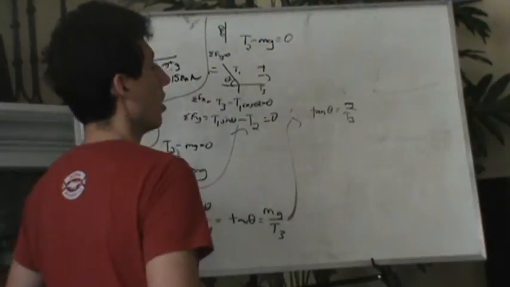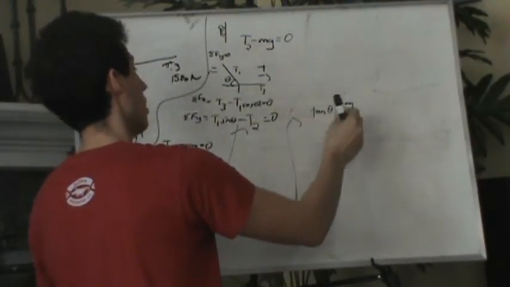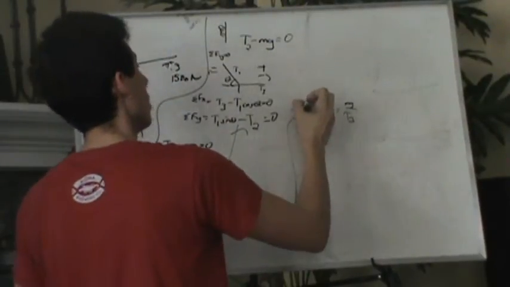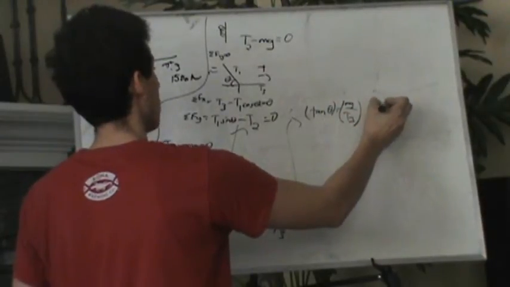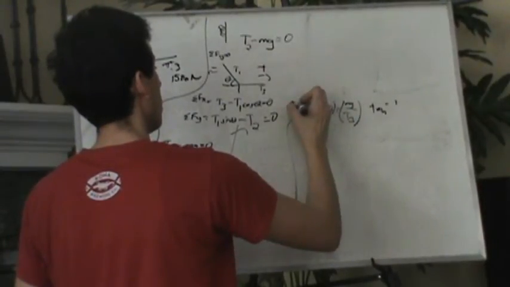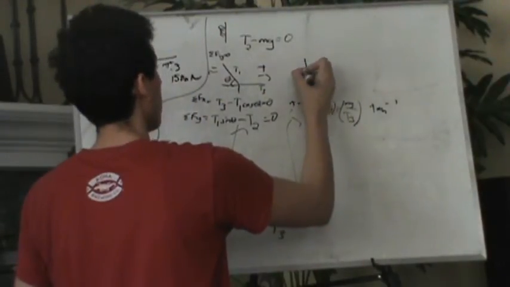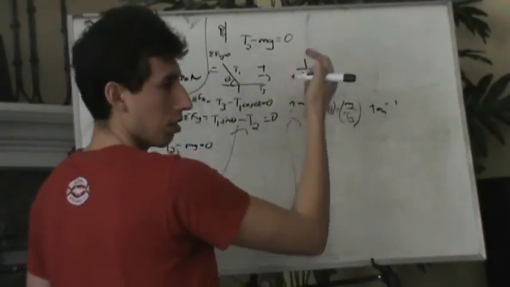T3. So what you want to do is cancel this. But how do you do it? Essentially, you multiply both sides by the inverse tangent. Or you could write it like this, but this is more confusing. So people just do this.